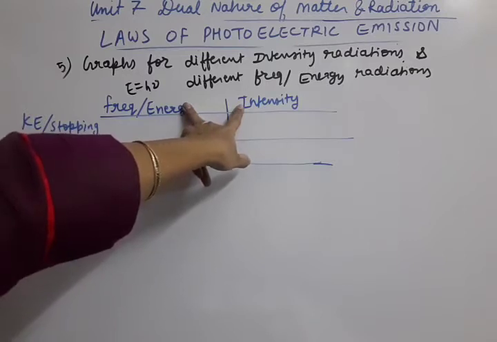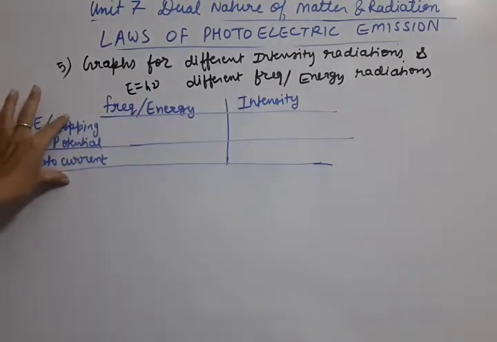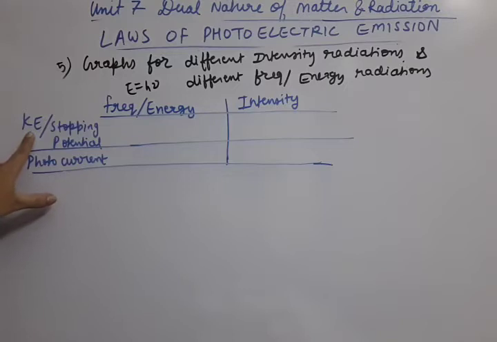Now, if we change any of the data of the incident radiation, which output factor will get affected? The output factors are kinetic energy or stopping potential, which go similarly, and photocurrent is the other factor. Let us understand.